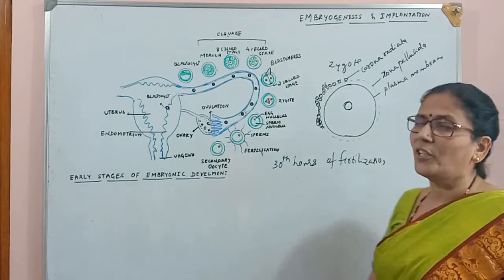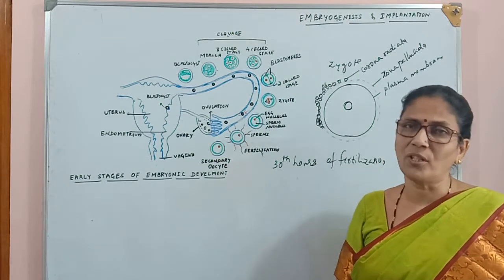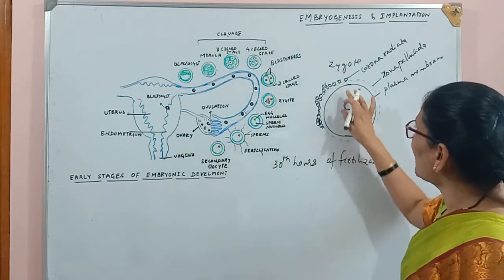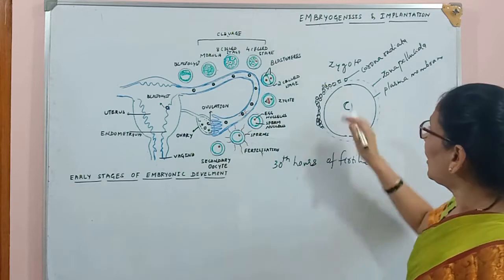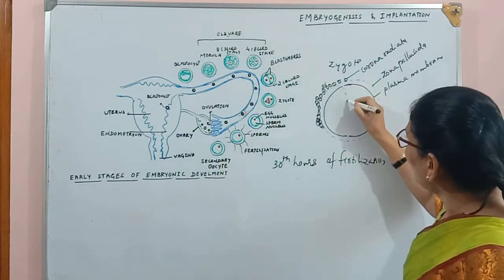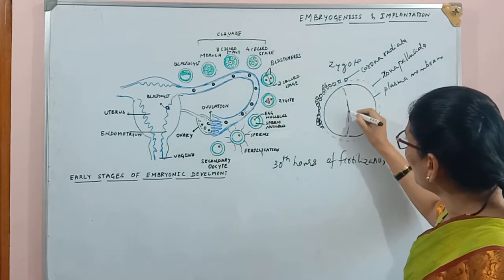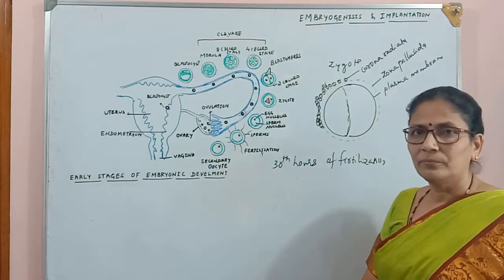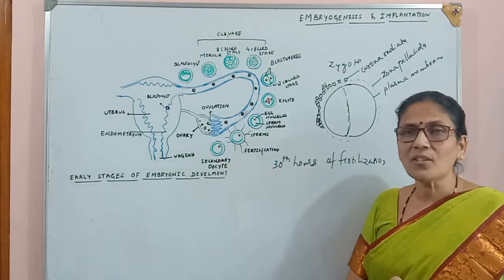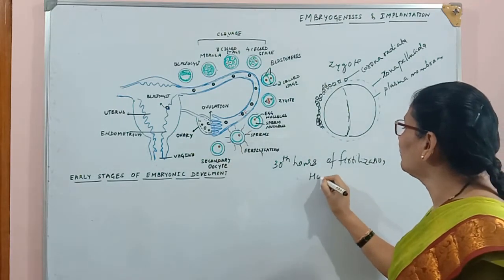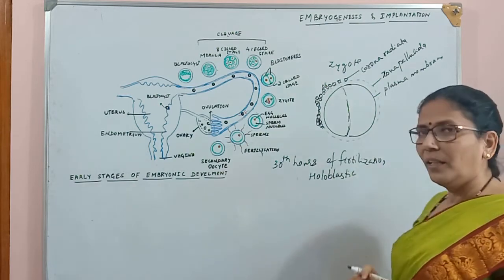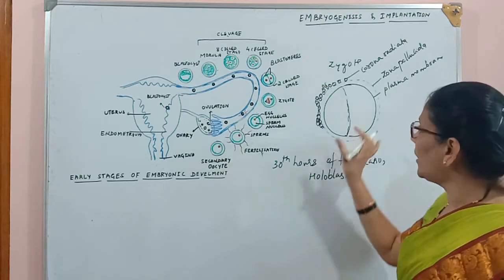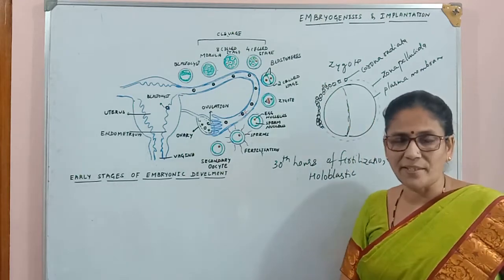After 30 hours of fertilization, the first cleavage, or first cell division, takes place from the animal pole to the vegetal pole. So the zygote is divided from animal pole to vegetal pole. This division is called holoblastic, and it results in two equal-sized daughter cells.